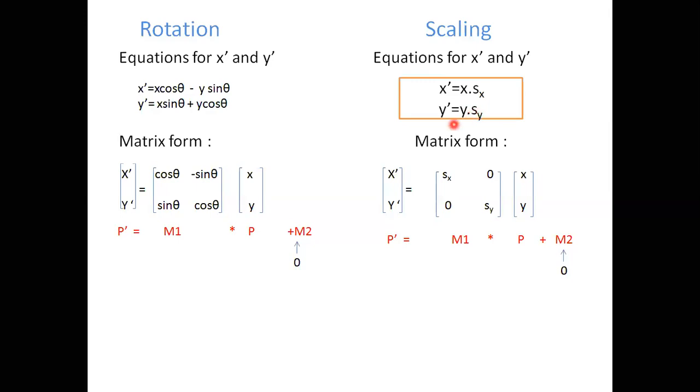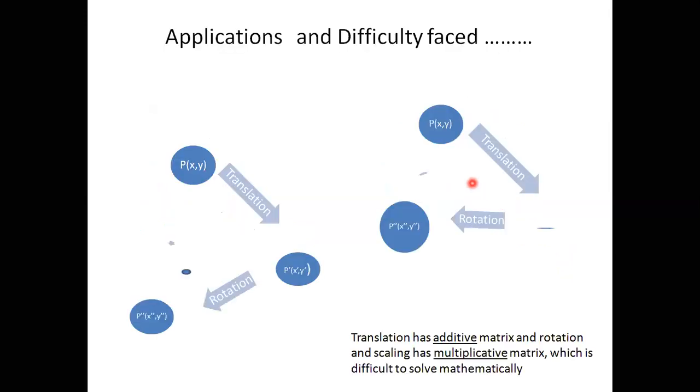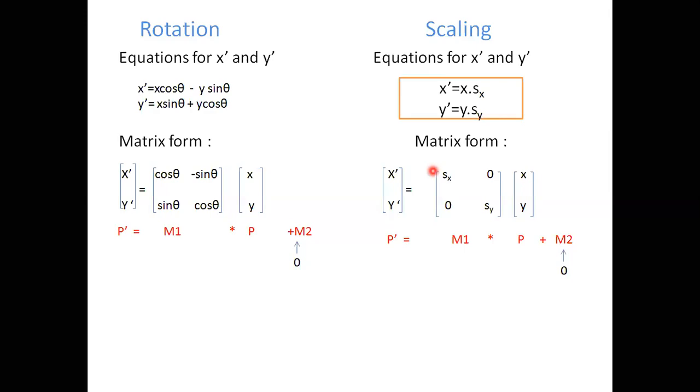So now coming to the matrix form, this x into sx, y into sy. This is how I'm converting it. Where x into sx, y into sy, this is what I have converted into matrix, where sx 0 0 sy.